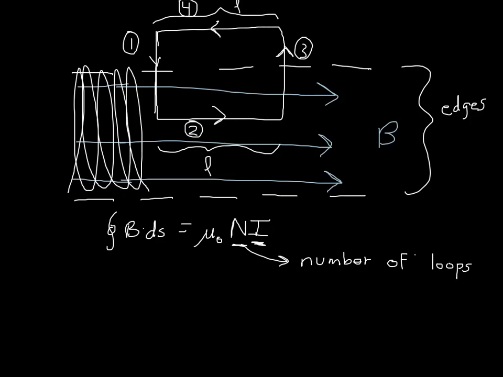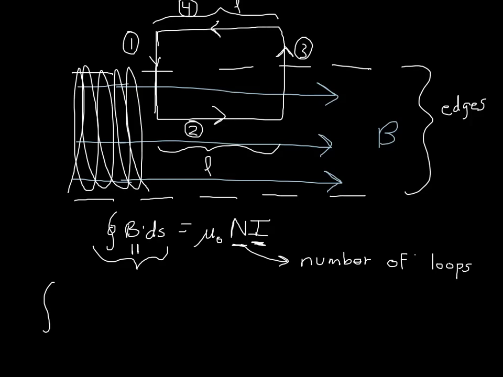I also need to remember that it's not just any magnetic field that I'm interested in. I'm interested in a magnetic field that's parallel to the direction that my current is going. So what I'm going to do when I'm integrating over this path, I'm going to separate this out into the different segments. We have this integral of B dot ds.